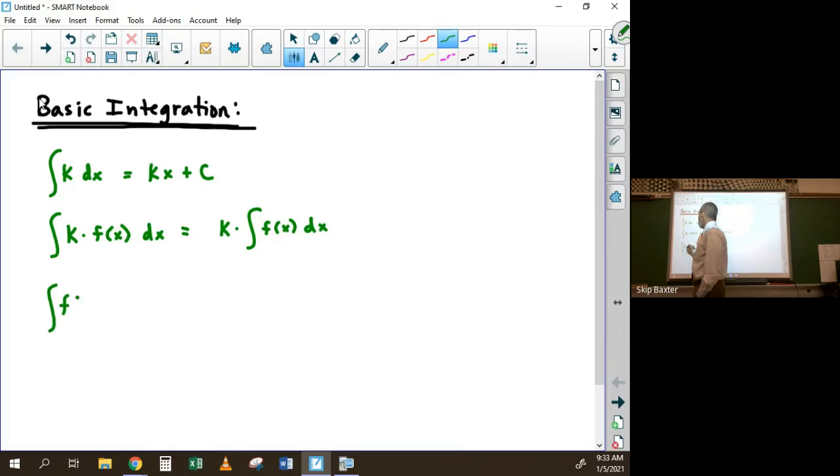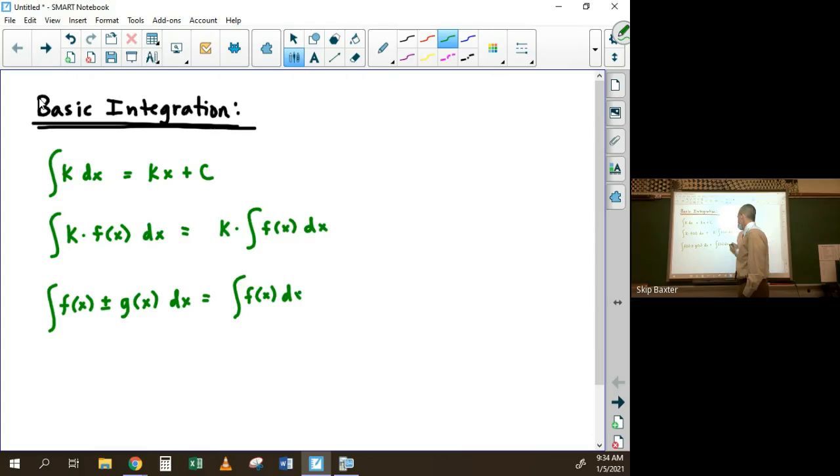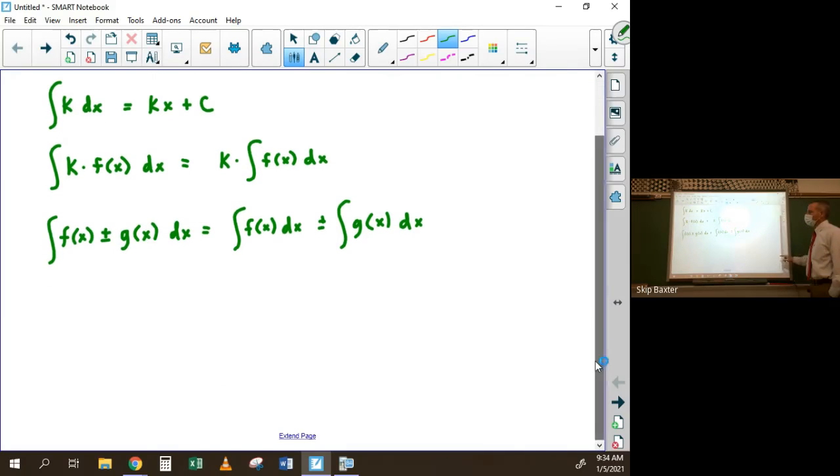If you have f of x plus or minus g of x, you can just think of them as separate integrals. Take the integral of f of x plus or minus the integral of g of x. So these rules were all kind of leaning towards being able to integrate polynomials.